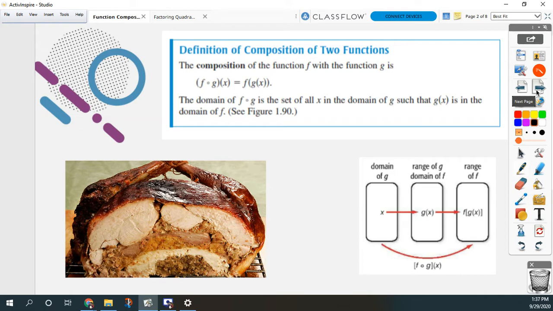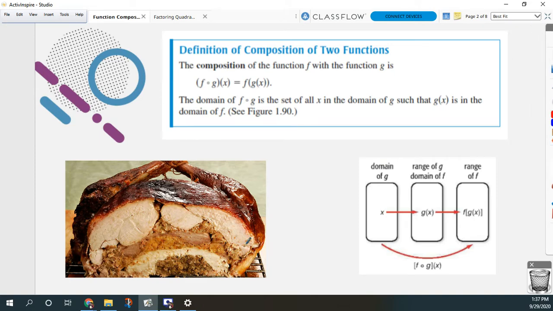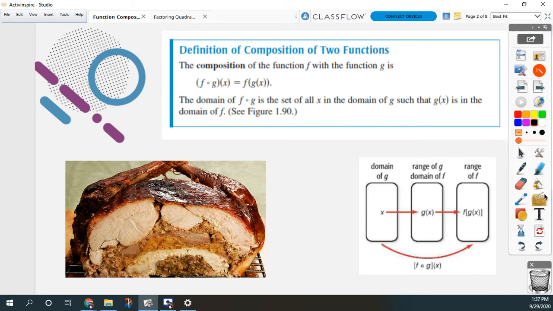So the definition of a composition of two functions is basically we're going to be plugging in one function into the other function. So I like to call this the turducken. A turducken is a duck inside of a chicken inside of a turkey. Some of us may have had this before on Thanksgiving, or maybe not, that's okay.